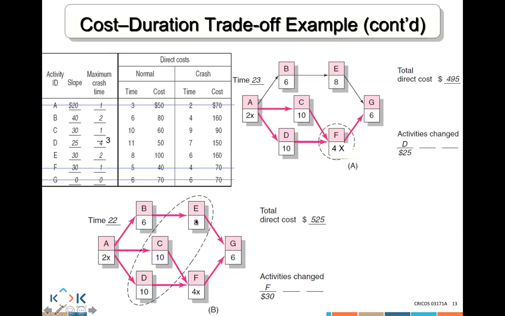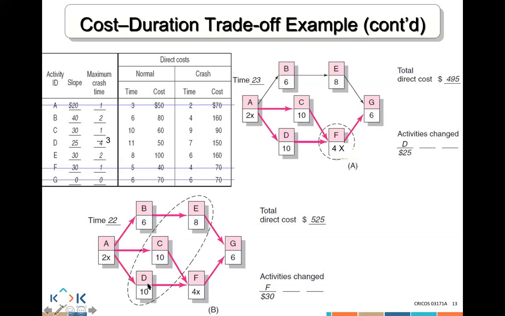And that drops your E from 8 days to 7 days. Why? Because instead of 2, we then crash it by 1. So we're going to drop that by 1. C, we're going to drop that by 1. So instead of 10, it's going to be 9x, because we can only reduce C by 1 duration. And that's why it drops from 1 to 0. And this becomes 9x.